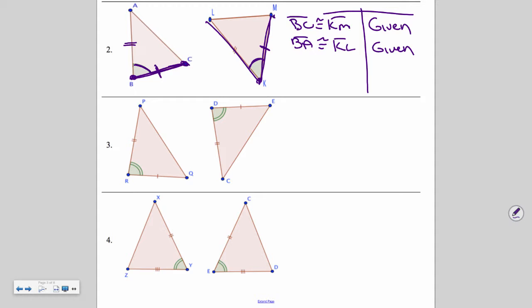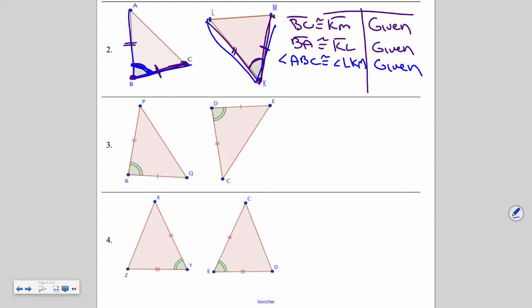The only thing that I need now is the angle, which is given here. Now you can say it with 3 letters or with 2. I'm going to get in the habit of saying it with 3 letters. So angle ABC is congruent to LKM because it is given.